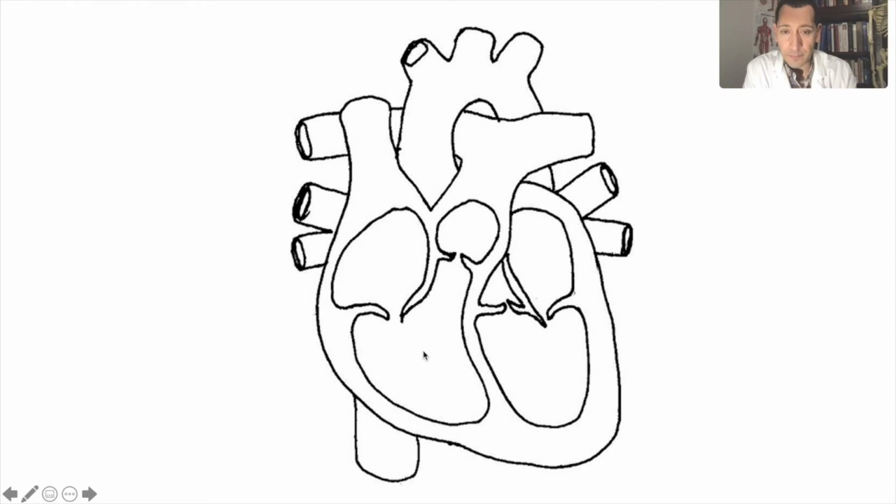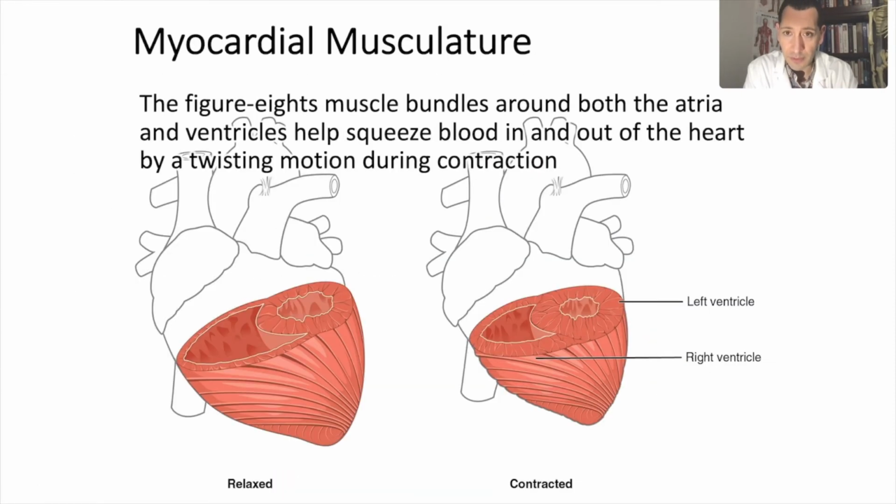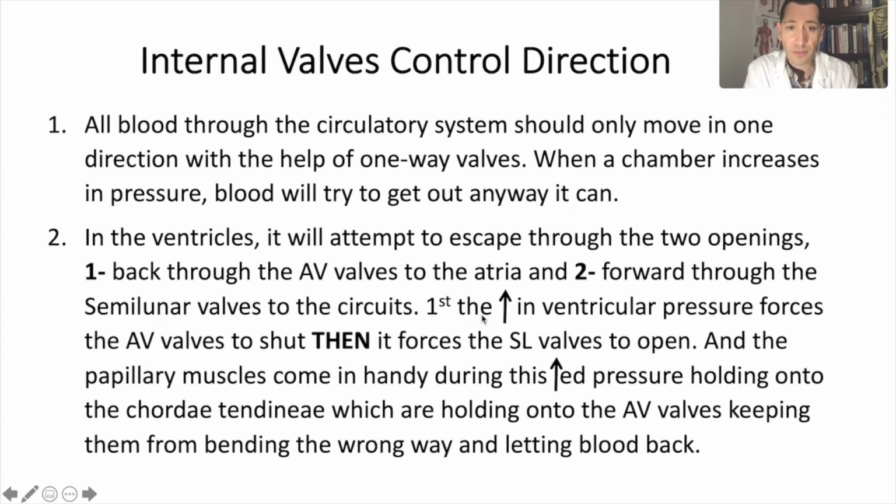That's a bad thing. So what happens when the ventricles contract is that, as soon as the ventricle contracts, this valve actually shuts. And when it shuts, it makes the first heart sound, called lub. That's the first heart sound.